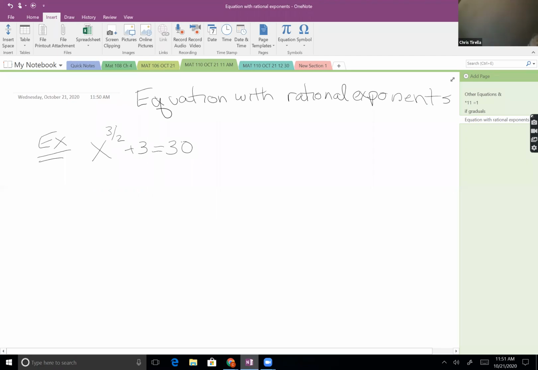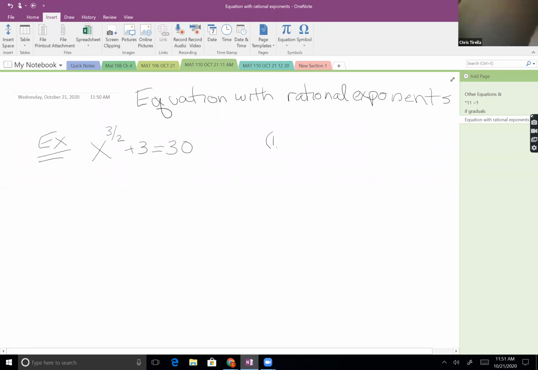Does everybody remember earlier in the semester, we defined those fractional exponents. And we had said that if we had an exponent that was a fraction, it means we've got a radical. But we're going to find with these, it's actually easiest to leave it as that fractional exponent to start.